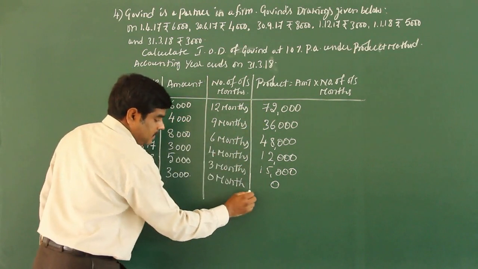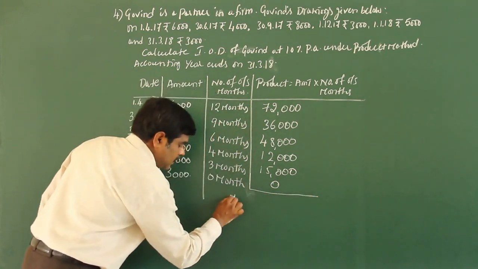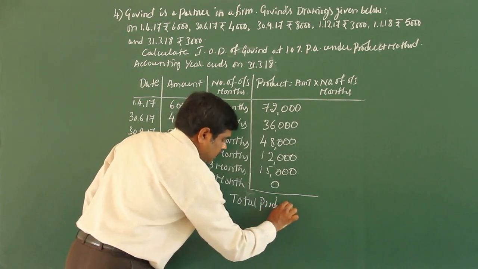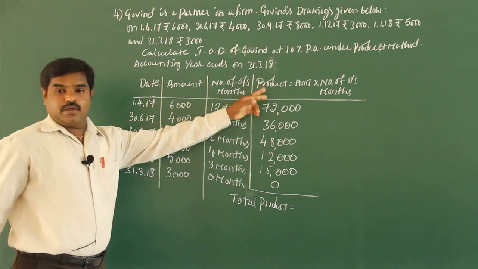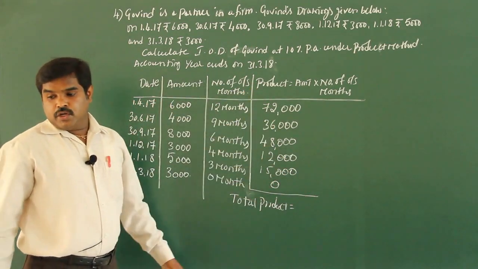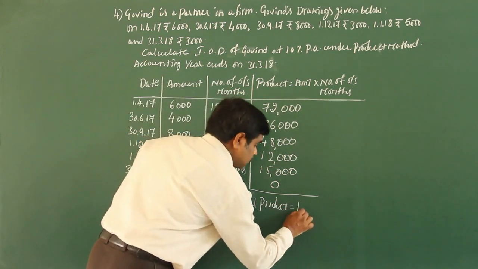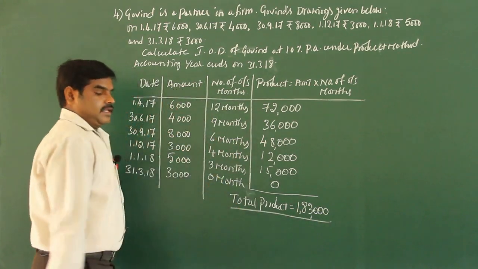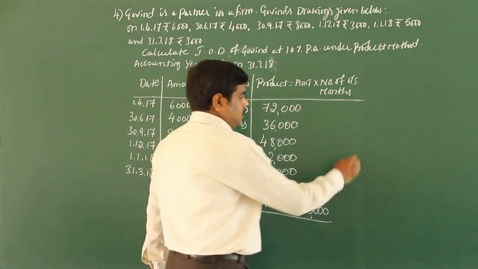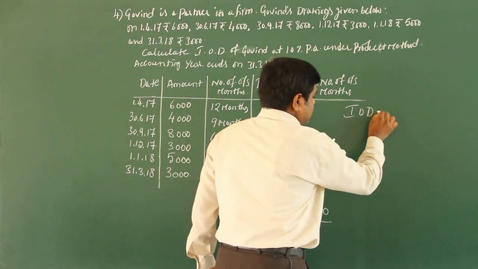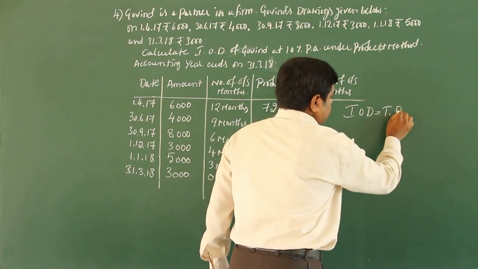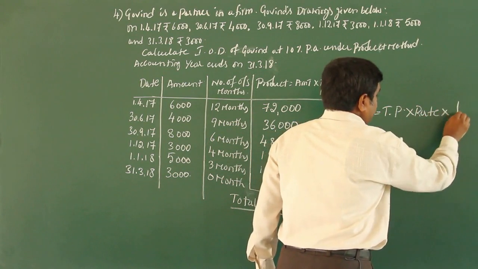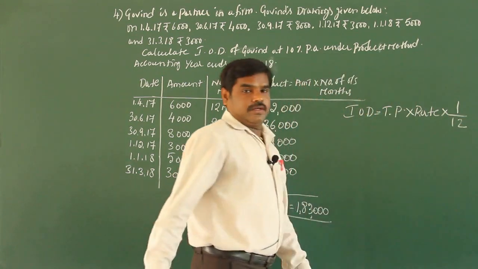So after calculating the product, add the total product. The total product you're going to get is 1,83,000. So apply the formula. Interest on drawings is equal to total product into rate into 1/12.